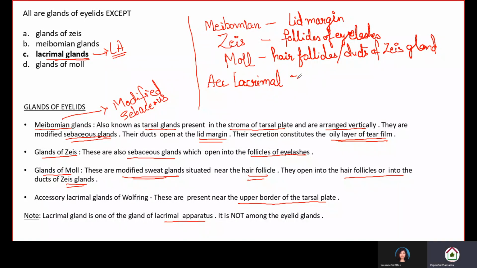There is no opening written for it. So these three openings are very important: meibomian, Zeis, and Moll.